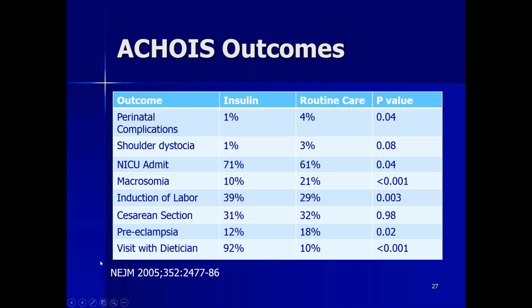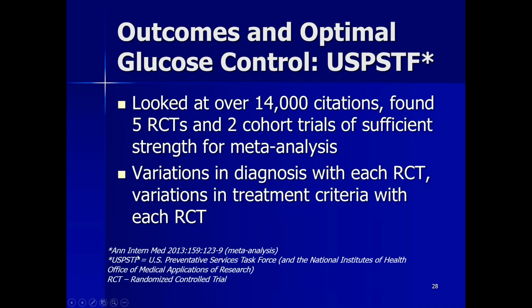Preeclampsia rates were much higher for those that had care under the routine regimen. And induction of labor was higher for those that were on insulin. Again, the more you're doing to a patient, the more you worry about her, the more likely you are to want to manage her delivery process.